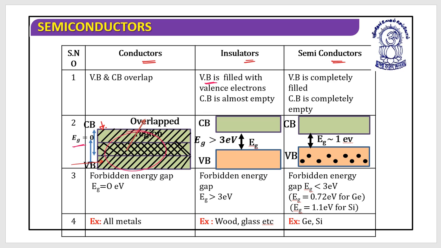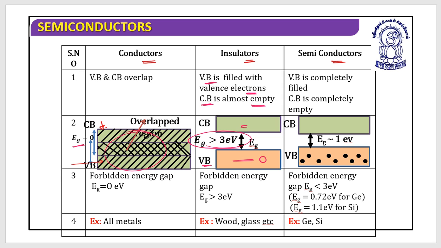Now let's look at the insulators. The valence band is filled with valence electrons, the conduction band is almost empty, and the forbidden energy gap is greater than 3 eV.